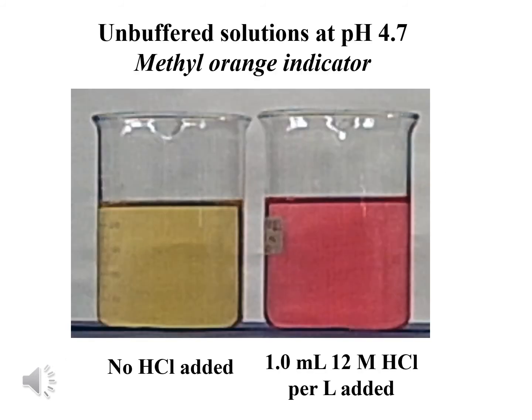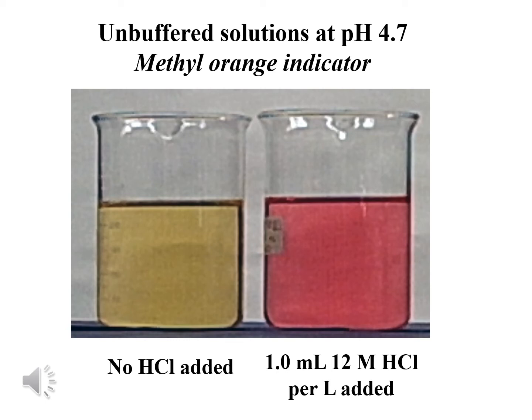This is an experiment I did in the lab. I started with a pH 4.7 solution with methyl orange in it on the left, and I adjusted it with a pH meter. And then what I did was add 1 ml of 12 molar HCl per liter. You can do this with an automatic pipetter.